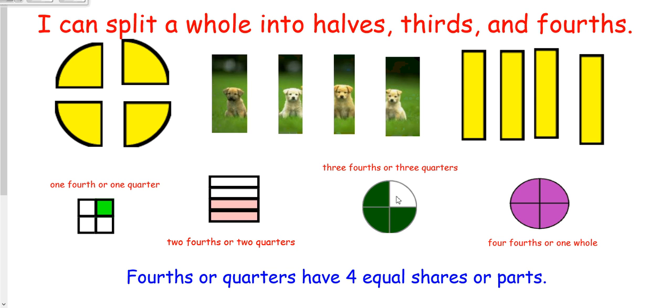If you have 3 of the 4 equal shares, you say you have 3/4. If you have 4 of the 4 equal shares, you can say you have 4/4 or 1 whole.